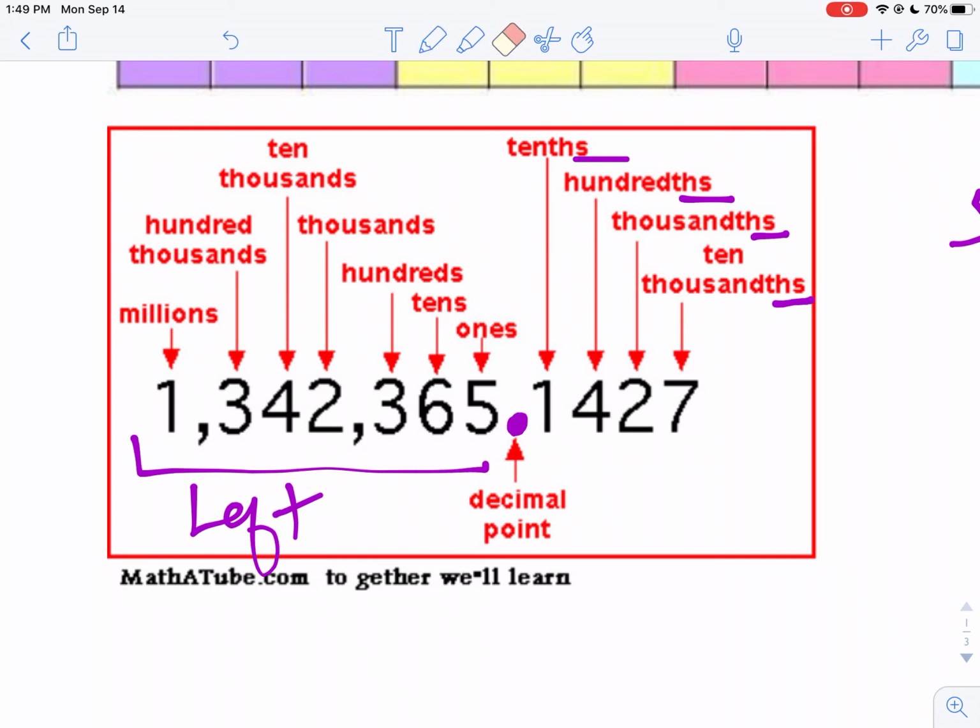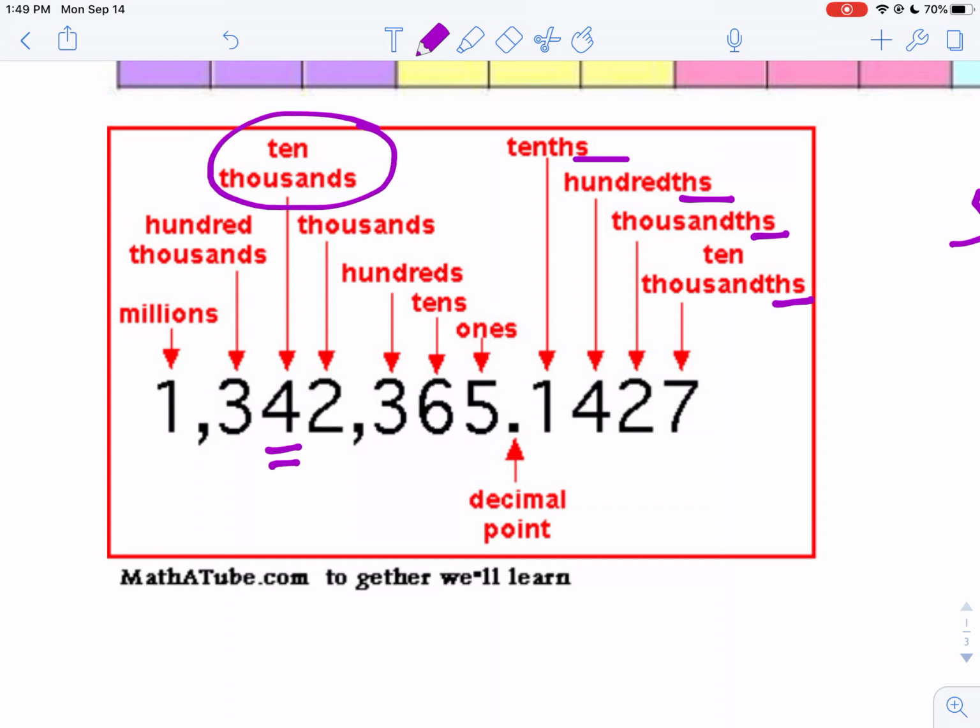All right? So for example, if I were to give you this problem and I say, in this problem, what is the place value of that underlined number, that 4 which is underlined? Your answer is going to be 4 is in the 10,000s place, okay? For the same problem, if I ask you, what is the place value of this 3, which is underlined?